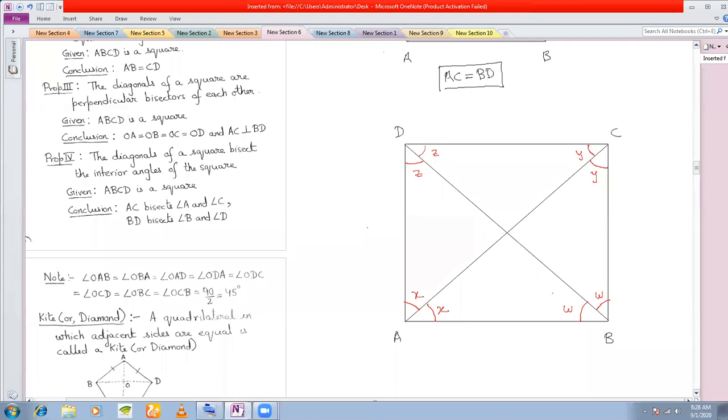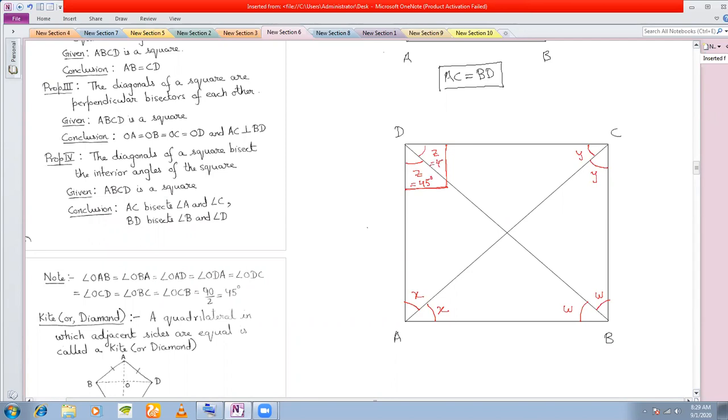But the interesting thing here, if you notice, is that all these angles, the x angle, the y angle, the z angle, and the w angle, are not only equal, but this entire angle is 90 degrees. In the case of a rhombus, the interior angles were not 90 degrees. But in the case of a square, we know the angles are 90 degrees from property 1. So therefore this angle must be 45 degrees.